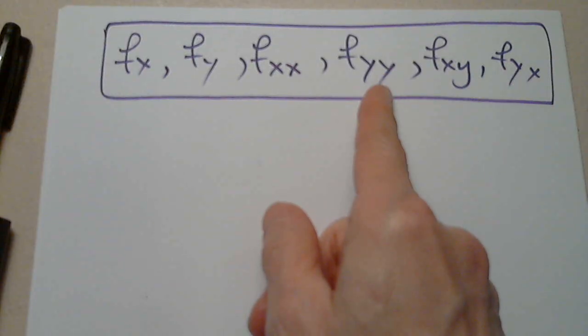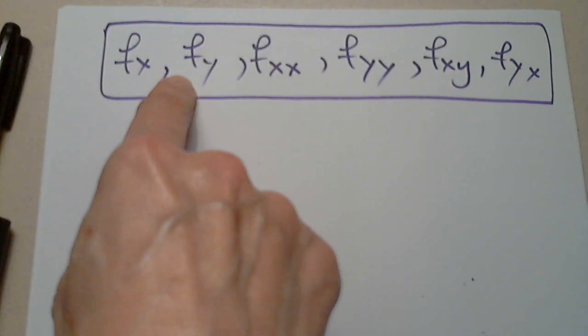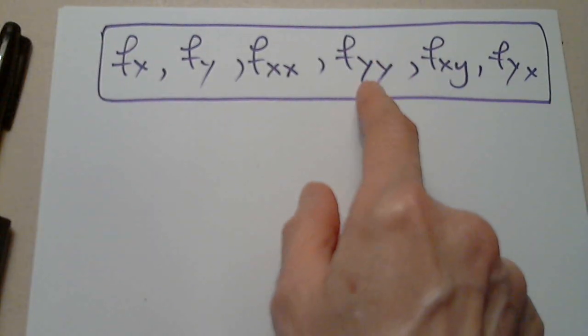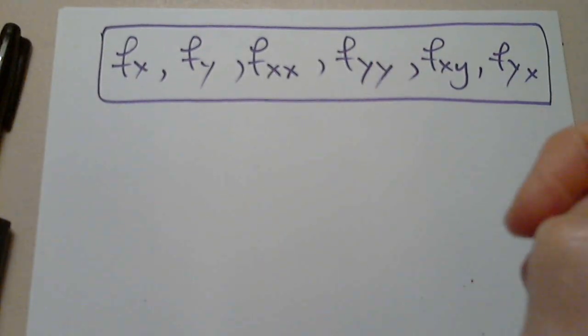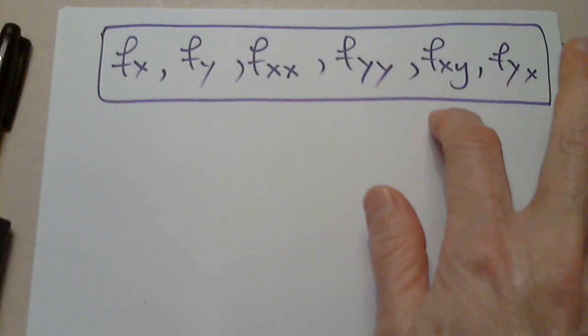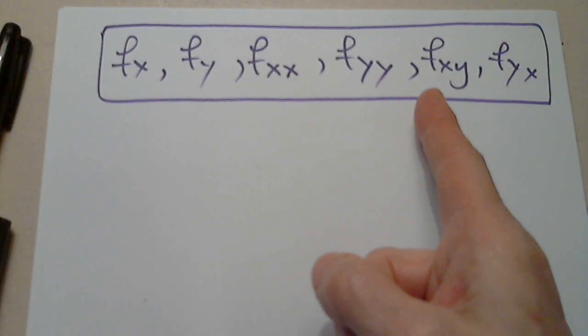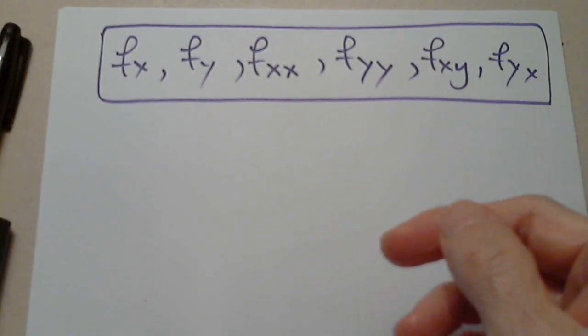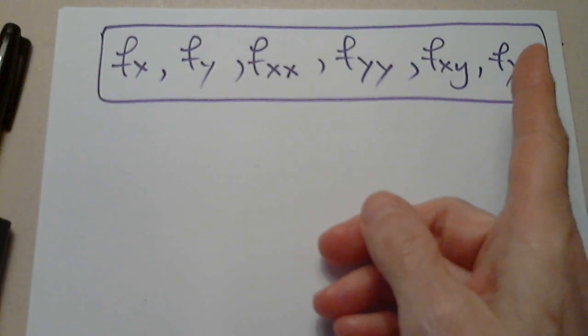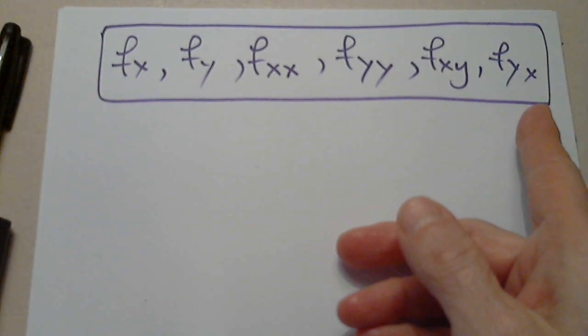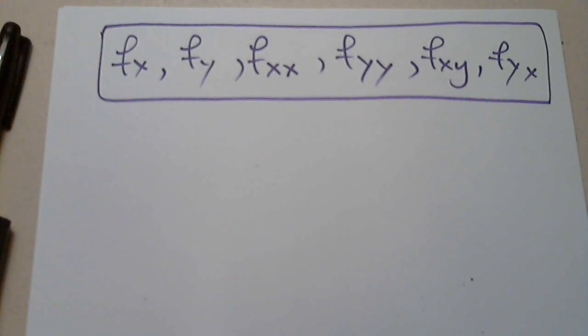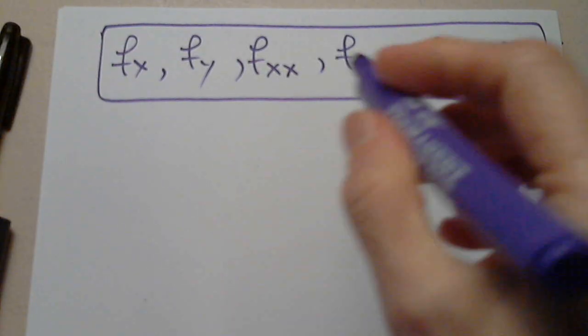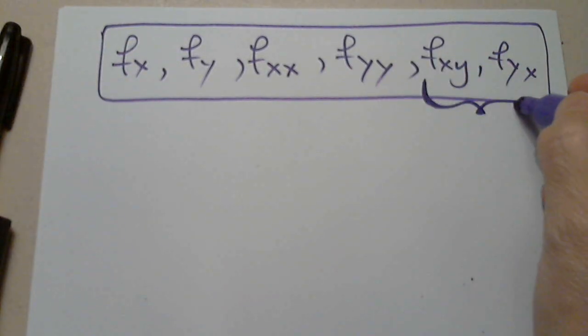The same thing here, the second partial derivative with respect to y. After I differentiate with respect to y, I differentiate again with respect to y. What are the last two? First, I differentiate with respect to x and then with respect to y. And here, I differentiate with respect to y and then with respect to x. These last two must be the same.